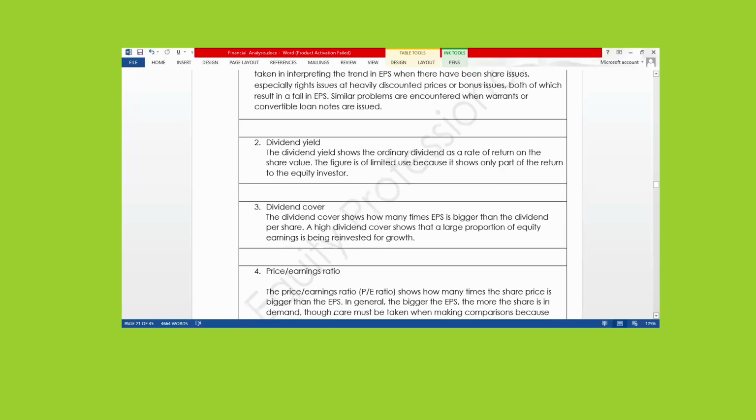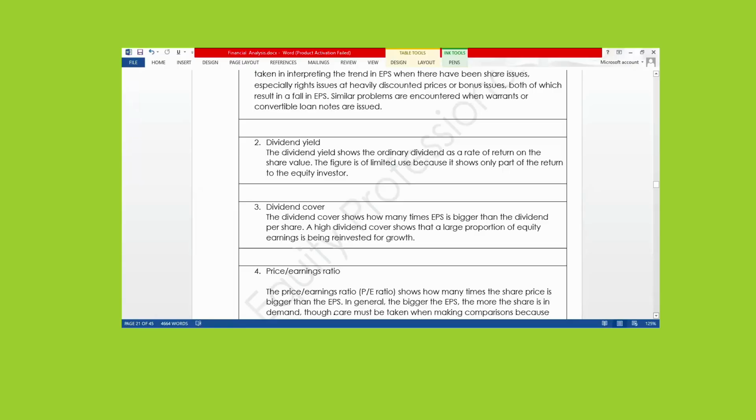Number 3, dividend cover. Dividend cover ratio shows how many times earnings is bigger than dividend per share, the number of times your earnings covers the dividend payment. A high dividend cover ratio shows that a large proportion of earnings is being reinvested for growth.